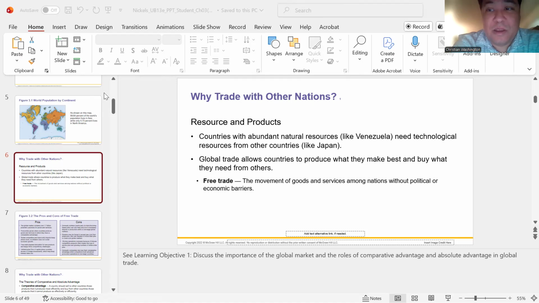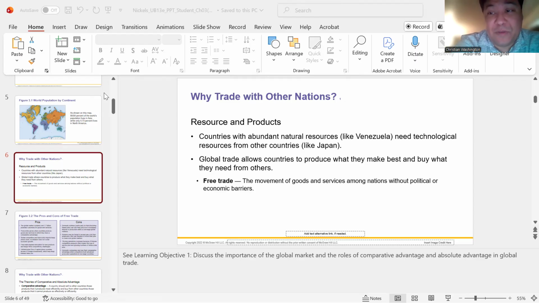So if America is selling really cheap bananas in your country and your country grows bananas, that might be a threat to the banana industry in your country. So you put tariffs on American bananas, or bananas wherever they're coming from, so that your industry is not challenged. So the idea of free trade is that you don't have to worry about tariffs. There are no political or economic barriers.